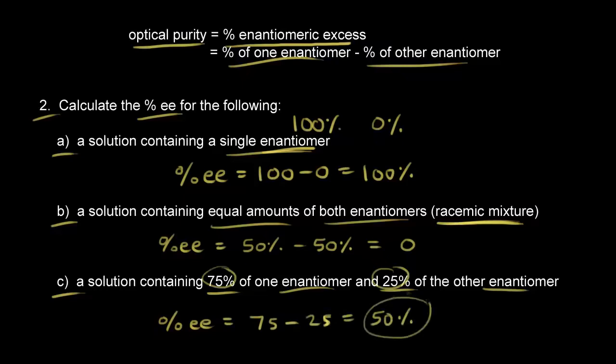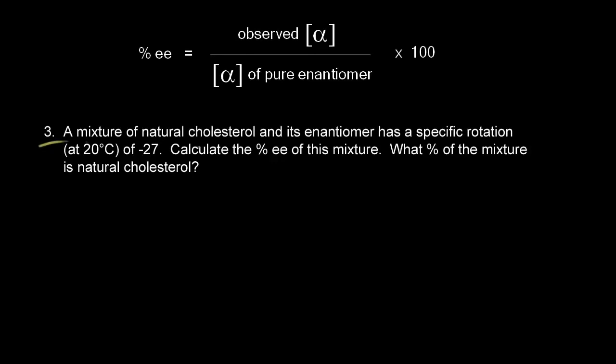So we have 50% excess of this enantiomer, and we have a 50% optically pure solution. For our last problem, we have a mixture of natural cholesterol and its enantiomer, and our mixture has a specific rotation of negative 27. Our goal is to calculate the percent enantiomeric excess of this mixture, and we can do that using this equation up here.